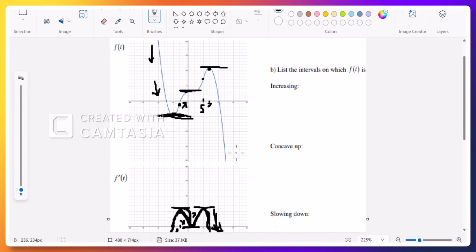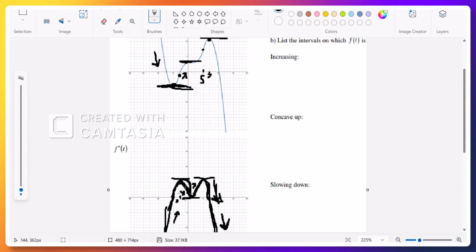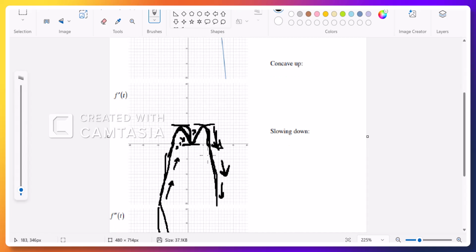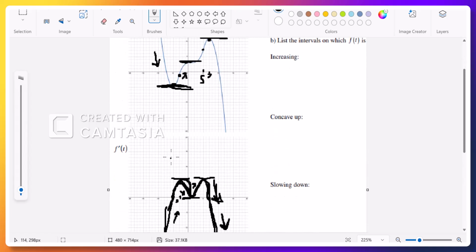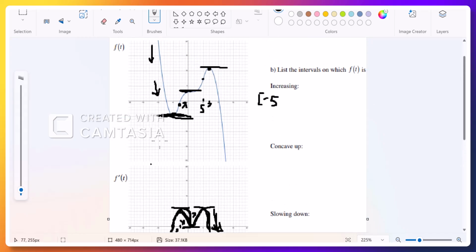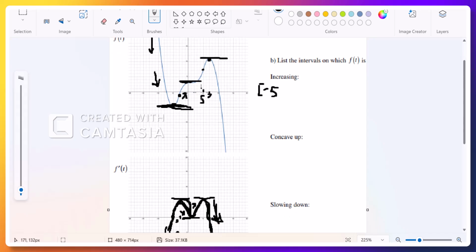So now we're going to find where it's increasing, where the graph is concave up, and where it's slowing down. So for when f of t is increasing, we will be finding it on the f of t intervals. So on the interval, it seems to be at -5, and this means that for f of t the slope is increasing.